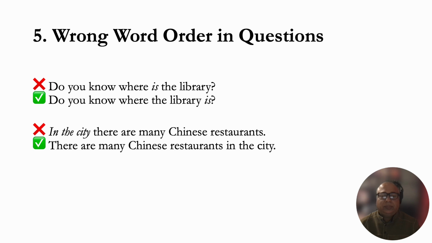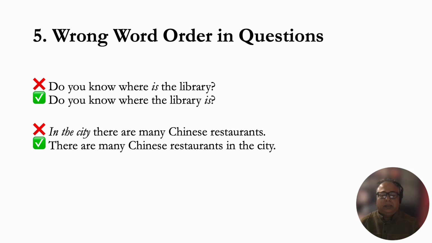Do you know? That's a question. And where is the library? That's a question. But when you start with do you know, the following cannot have the auxiliary right after where. Where is the library? That's a question by itself. But with do you know, it should be where the library is. So this is after where moves to the end of the sentence.